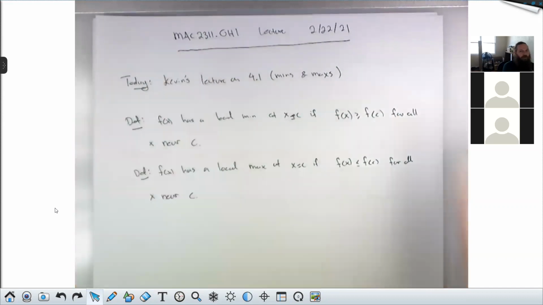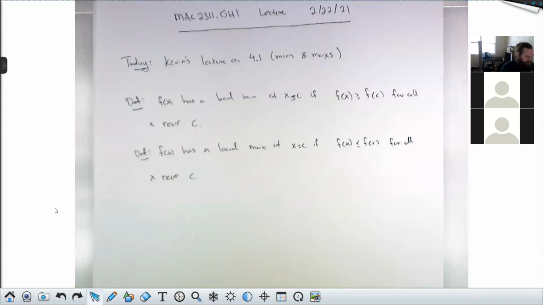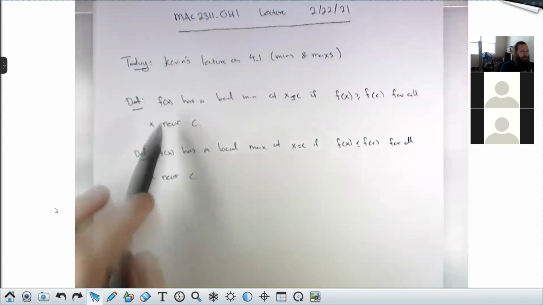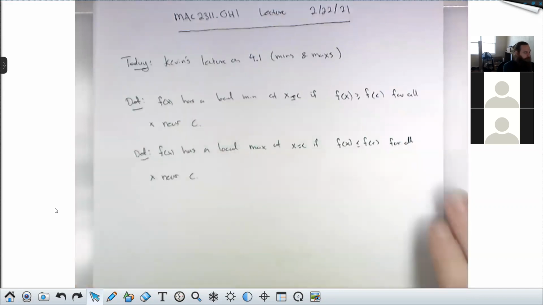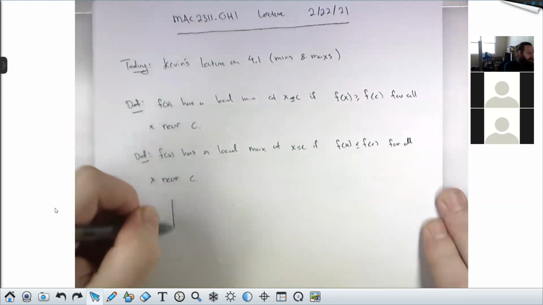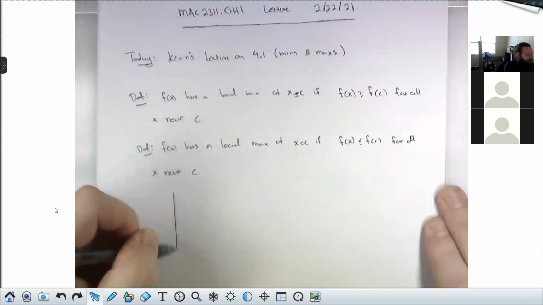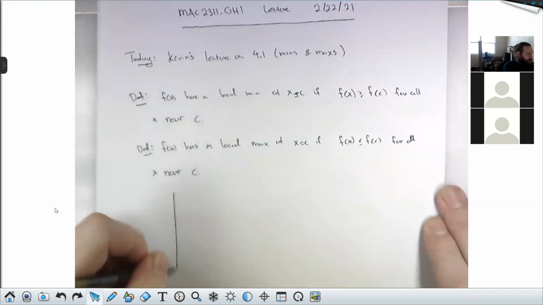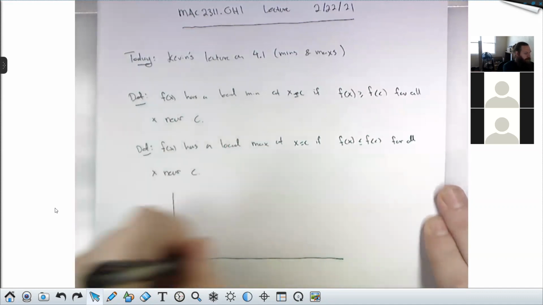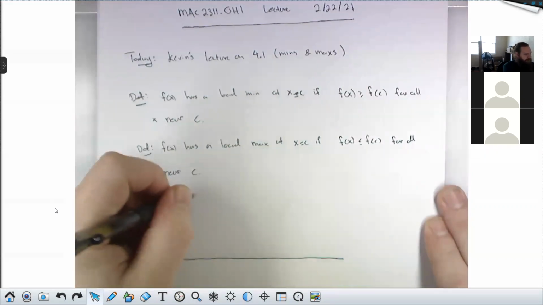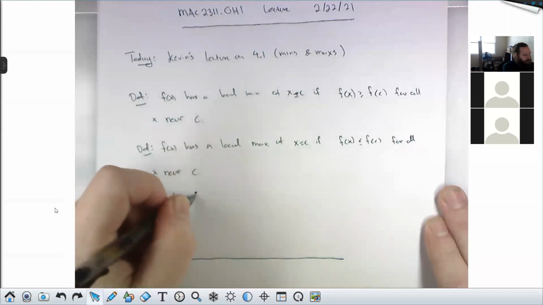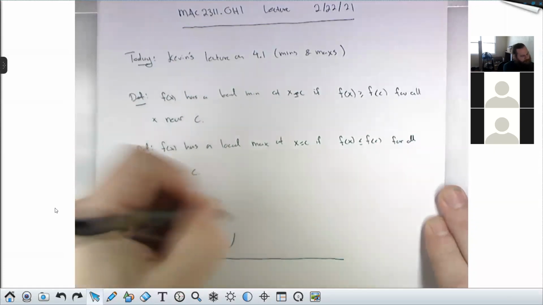Kevin didn't do anything wrong. His work there is perfect. And this is how the book defines a local min and a local max. But sometimes you'll notice in WebAssign, it can be a little bit picky about things that are both local and absolute maxes. So I just want to redraw a similar sort of example here for you.